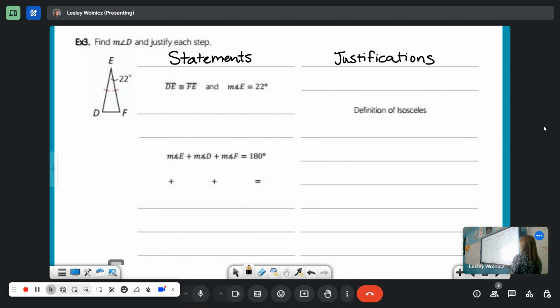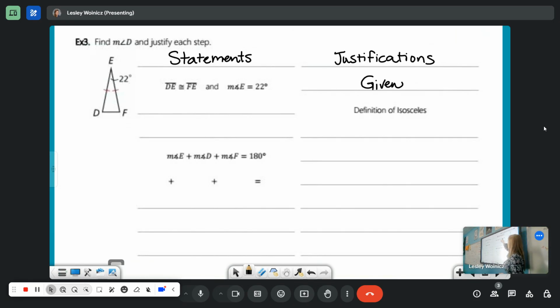How do we know that DE is congruent to FE and that the measure of angle E is 22 degrees? Given. Okay. What can we get from the definition of an isosceles triangle? What about angles?